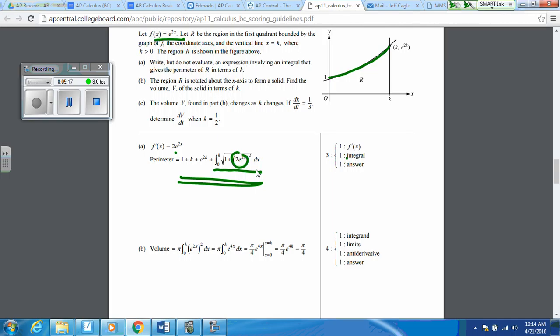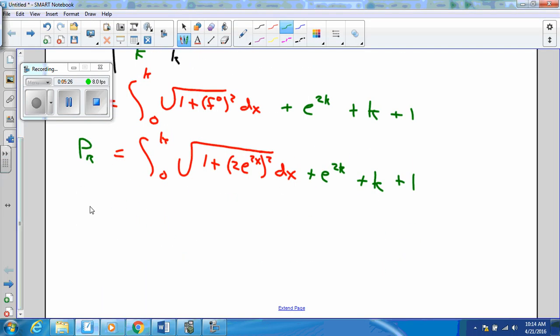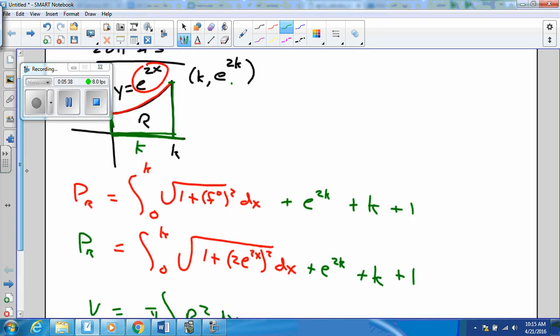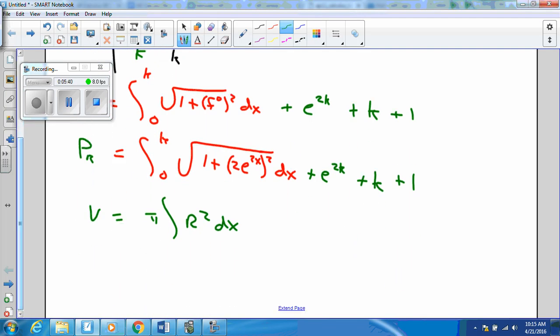The region R is rotated about the x-axis to form a solid. Find the volume V of the solid in terms of k. And so we are going to say that the volume is equal to pi times the integral of r squared dx. Notice that the inside radius is 0 because my region is flush with the x-axis, or bordered by the x-axis.